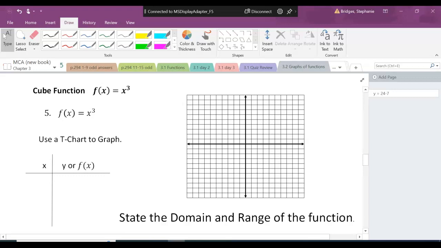What would that be? And do the same thing. And then try your domain and range on that one.